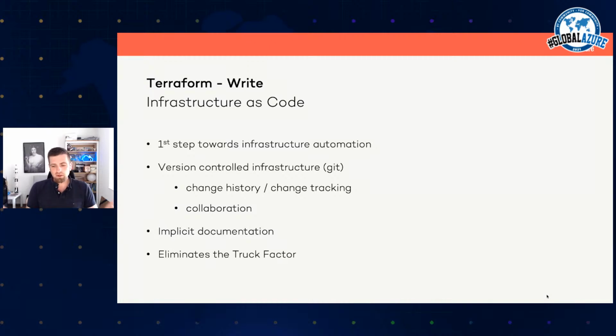When you create your infrastructure using code, it's obvious that you can put your code into source control, which gives you already some kind of workflow. So all of you may know how to deal with pull requests, how to do collaboration on pull requests.